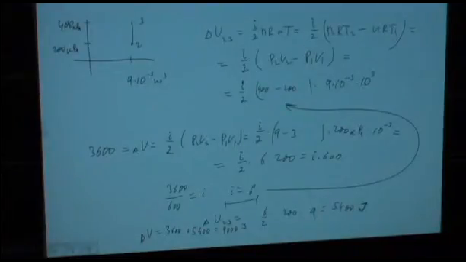What's the most important lesson from this problem? You gotta believe. That's it. Any questions?